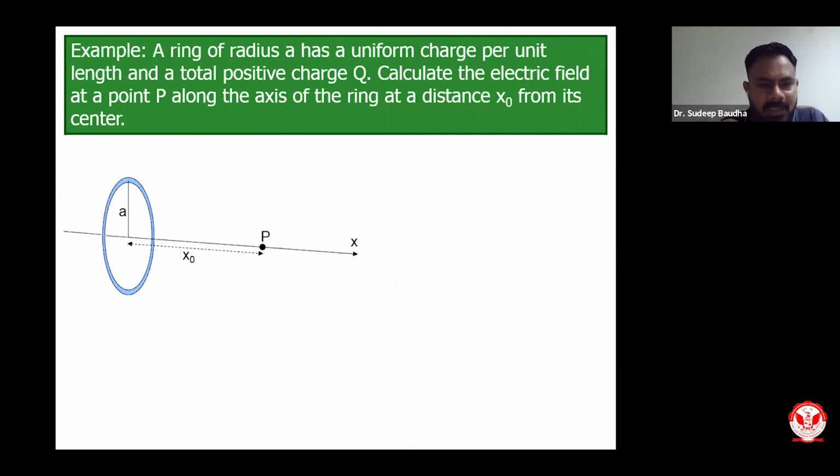So now again I have a ring which has a radius A. I have a point P which is located at a distance x naught from the origin, or you call it as from the center point of the ring, and we are about to calculate electric field at this particular point because of the charge which is a continuous charge along the ring.